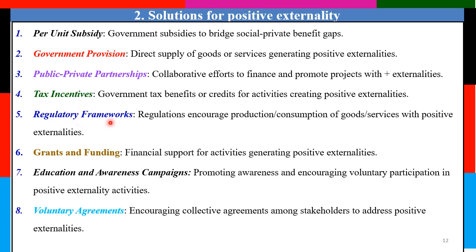Again, a regulatory framework means regulation to encourage production or consumption of goods and services with positive externalities. Number six, grants and funding: financing support for activities generating the positive externality. For a group that produces the positive externality, maybe the government or another sector encourages them by supporting with funds. This increases the positive externality.